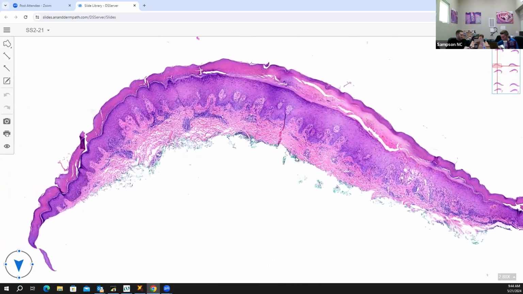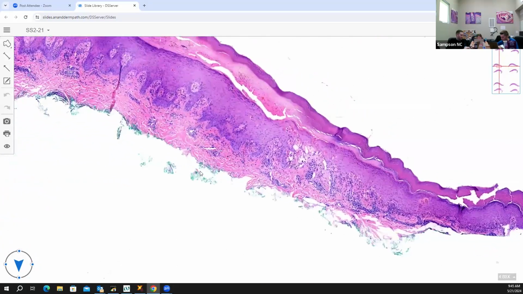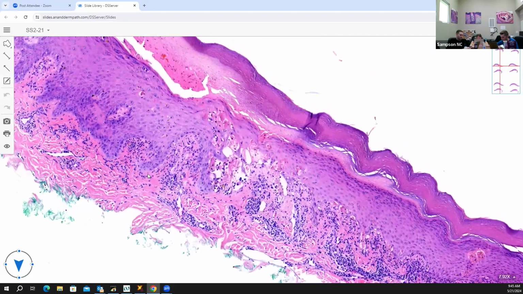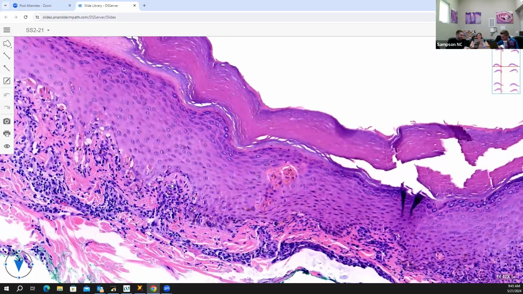We have a shaved biopsy, what looks to be on an acral surface. A little bit of acanthosis. And then over here on the right side, I don't know if that's artifact or an actual split there. Some acantholysis. I wasn't sure if that was acantholysis more to the left.